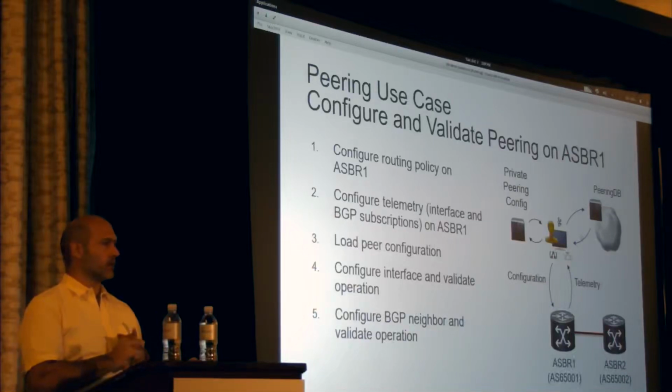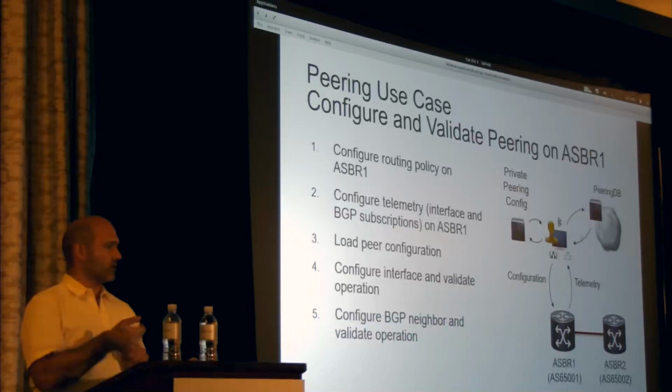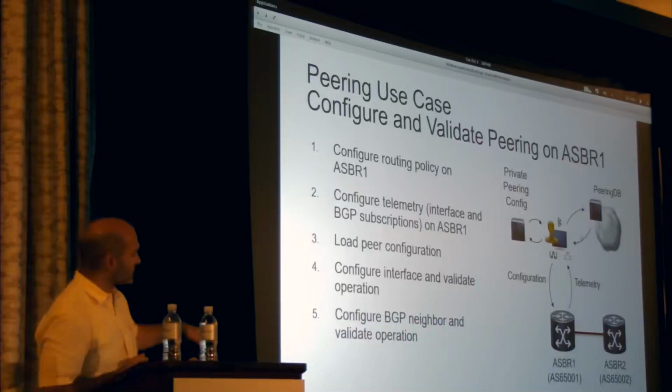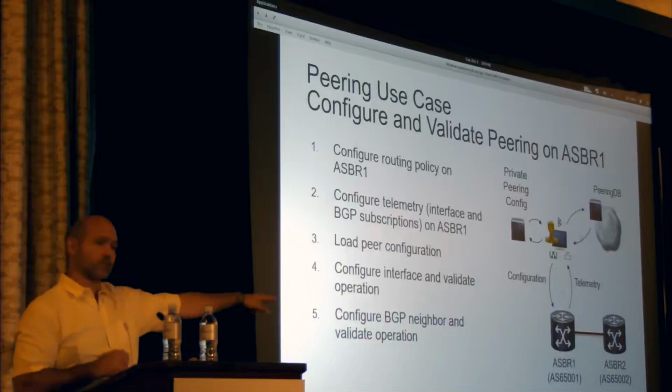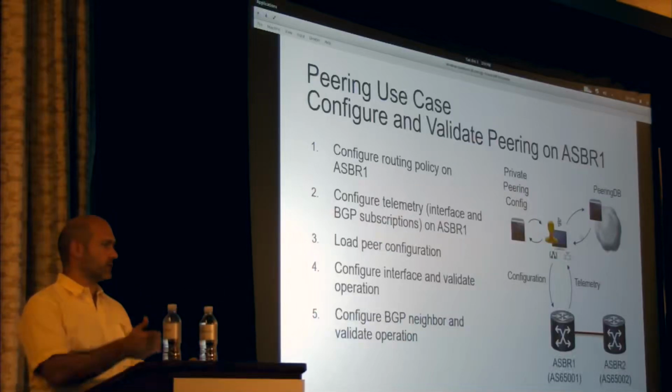So I created a set of scripts that are going to use OpenConfig to automate this workflow, to programmatically configure the peering relationship between ASBR1 and ASBR2, and do that at the same time that the configuration, the operation, is validated.